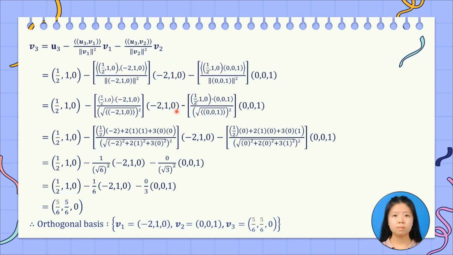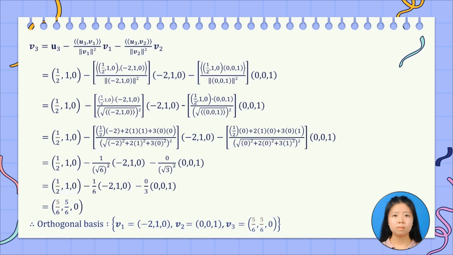And again, don't forget to use the weighted Euclidean inner product formula for the inner products and the norms. Then we get V3, which is 5 over 6, 5 over 6, 0. So now we have finished calculating V1, V2 and V3, and we can write the orthogonal basis as shown on the slide.